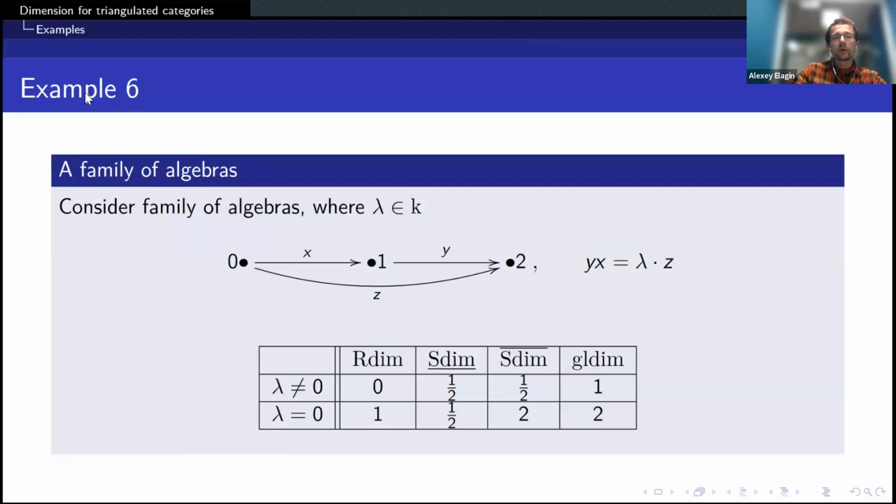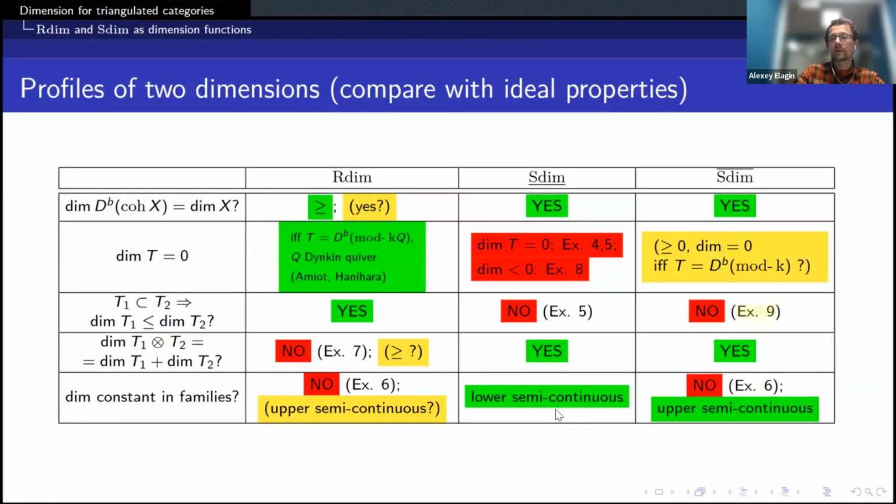But what we know and what we have proved is that lower Serre dimension is lower semi-continuous, so it can only jump down at special points, and upper Serre dimension is upper semi-continuous, so it can jump up in special points. And it would be very interesting to understand whether Rouquier dimension is also upper semi-continuous. We do not know whether it is so.